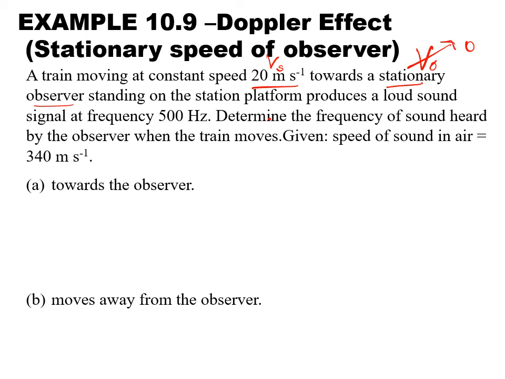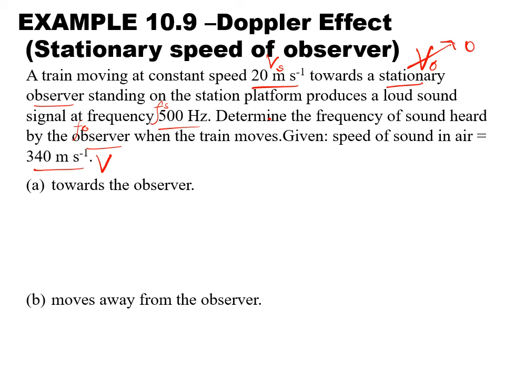It produces a loud sound signal at frequency 500 Hz, and this is your Fs. Determine the frequency of sound heard by the observer. The question asks you to find the F observer when the train moves. Given the speed of sound in air is 340 meters per second. This is your V sound.